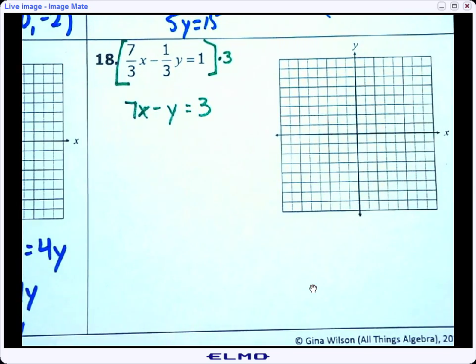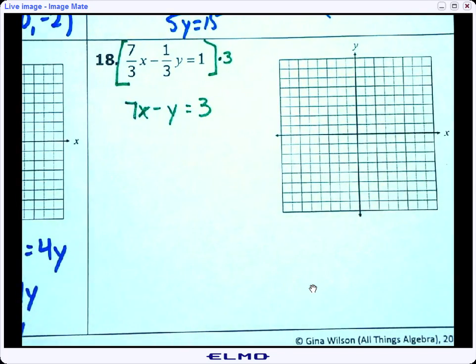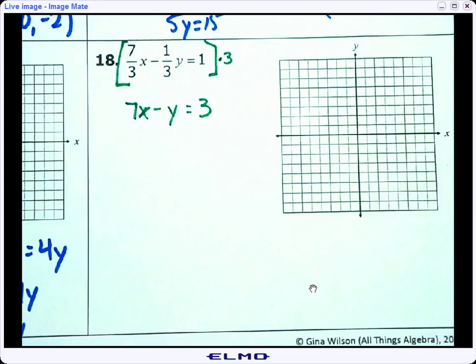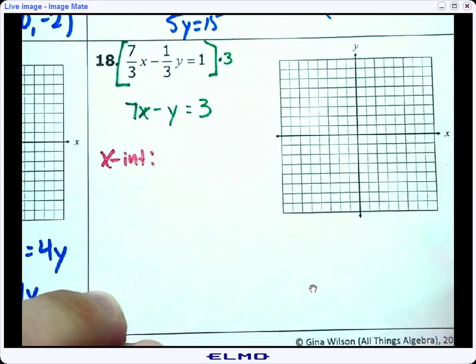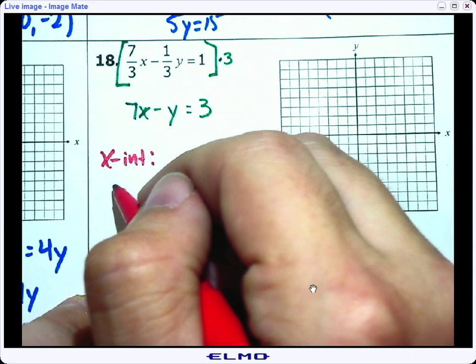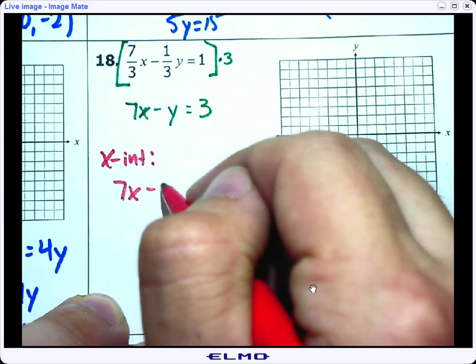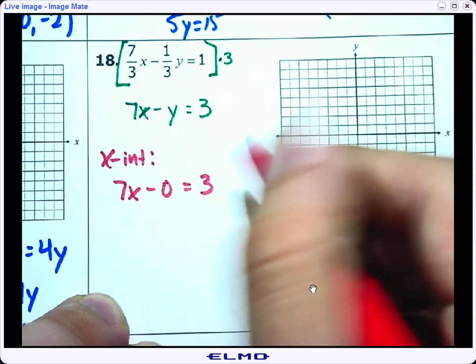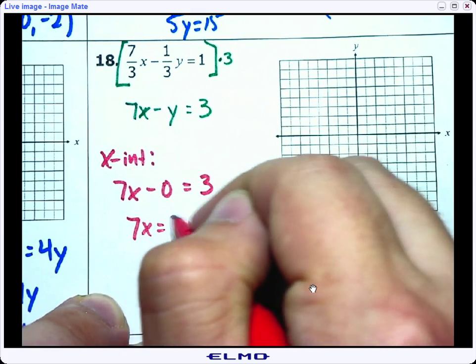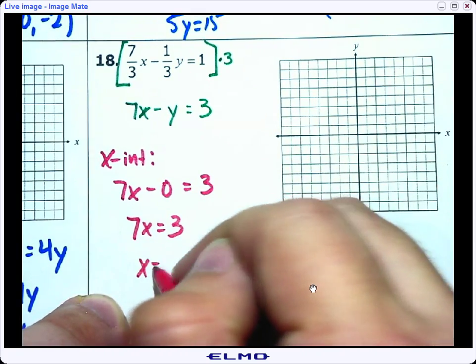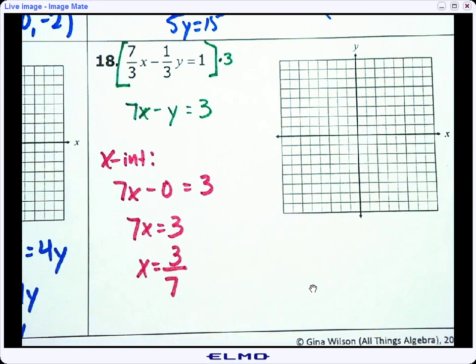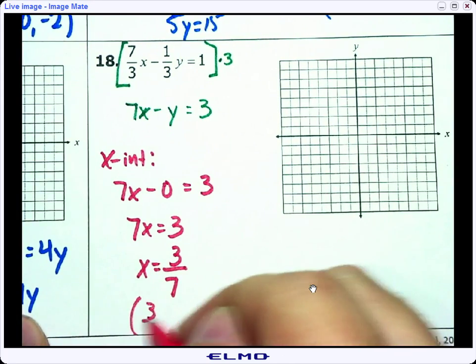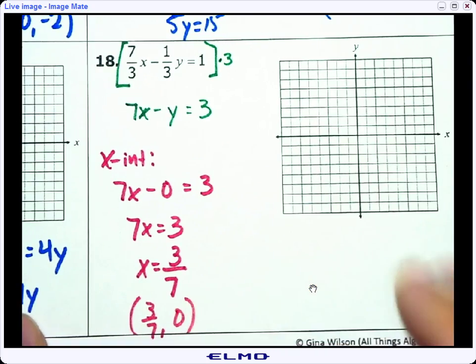So I could use that instead of not having to worry about those fractions. So with my x-intercept, that's going to give me 7x minus 0 equals 3, which means 7x equals 3, which means x equals 3 over 7. So I have the point (3/7, 0).